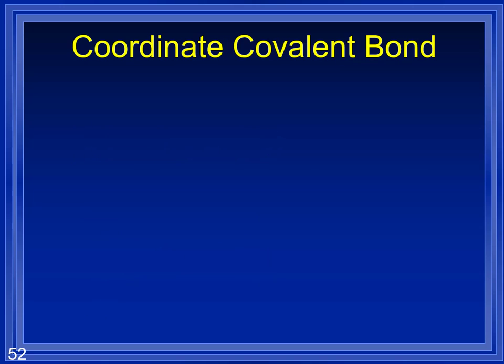So, we had some electrons bouncing around all over the place when we tried to build these things. And that's because we skipped one of the possibilities about moving electrons around, and that is a coordinate covalent bond.